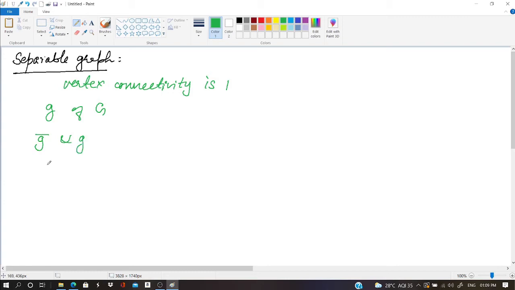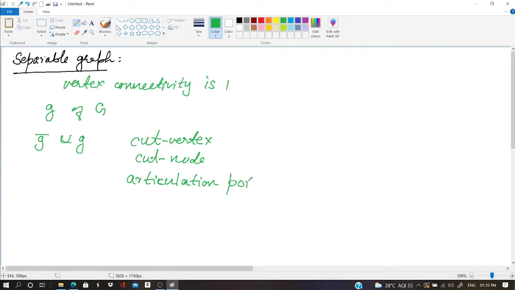In a separable graph, a vertex whose removal disconnects the graph is called a cut vertex or cut node or articulation point. We already studied what is a cut edge. Similarly, here we have a cut vertex. Another name is cut node. Other name is articulation point.